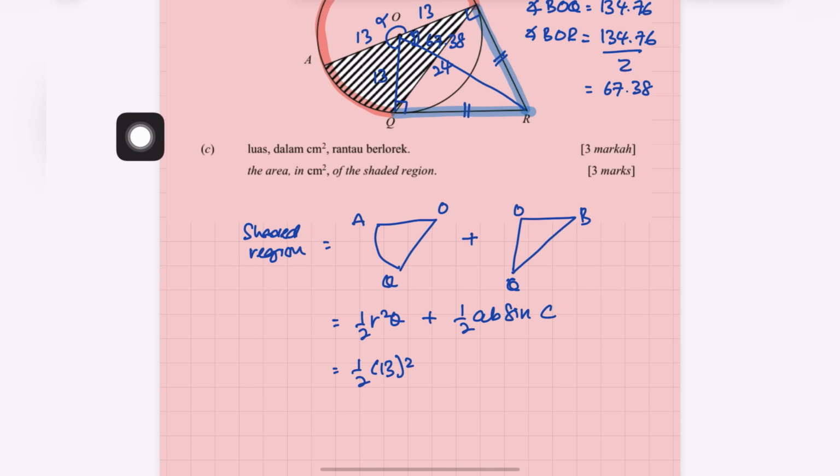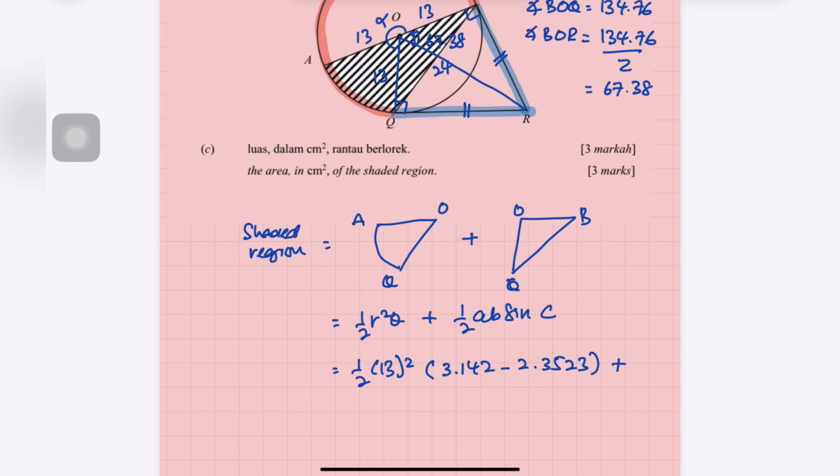Okay, theta is this one. Theta, we know that the angle of BOQ is 2.3523. So kita nak cari angle AOQ is pi, which is 3.142 minus 2.3523.